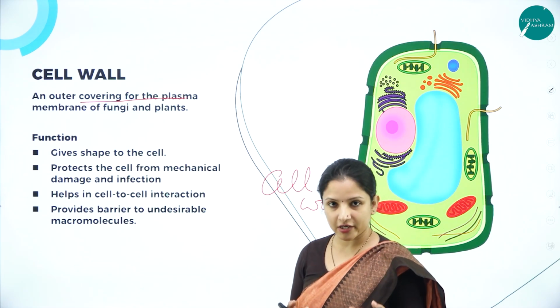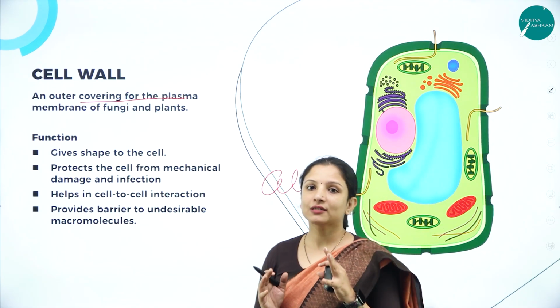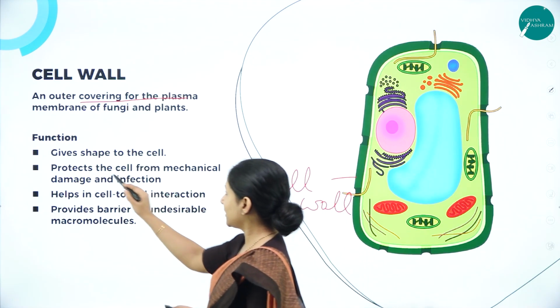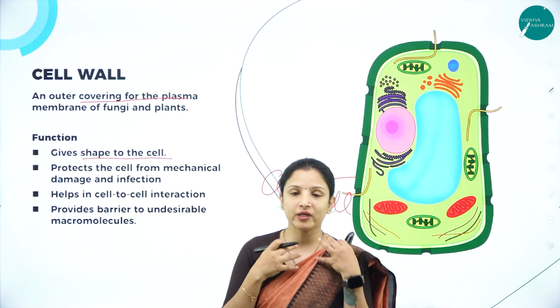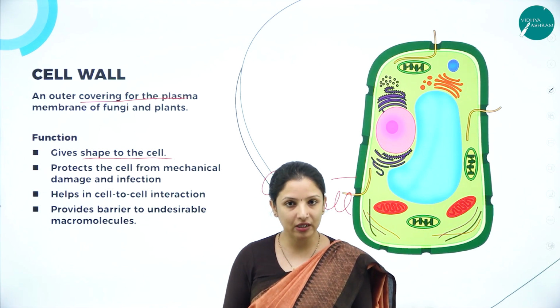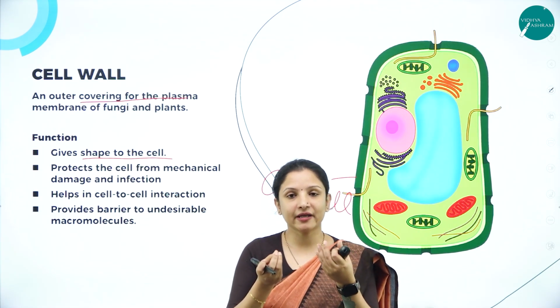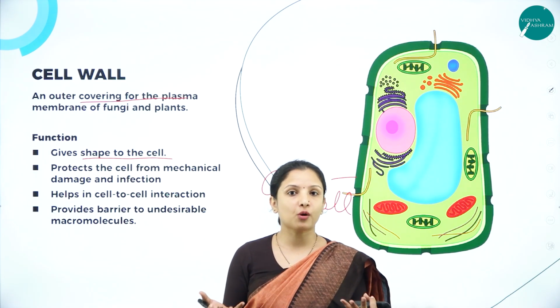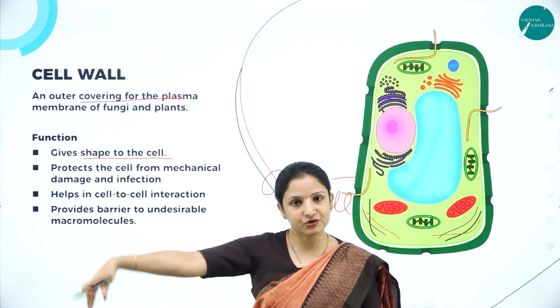So talking about the function of the cell wall, it gives a proper shape to the cell, just like how we have a skeleton in our body. Imagine we didn't have a skeleton, what would have happened? We would just be like a bed sheet, right, with no proper shape, or just like a cloth piece which is dropped on the floor.